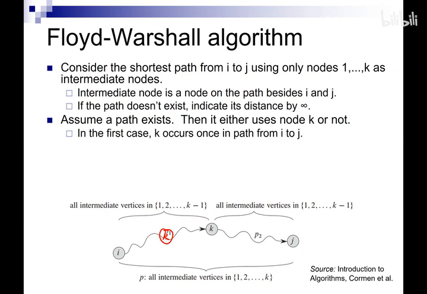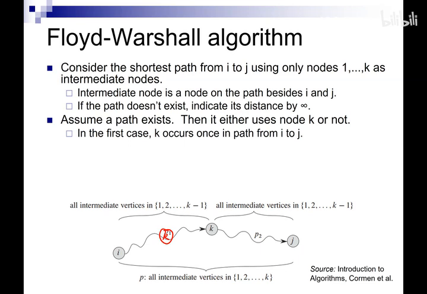The reason is that if you had another copy of K in here, that would mean that you first go from I to K, and then somehow you go from K back to itself. However, we said that there are no negative weight cycles in this graph. In fact, let's assume that all cycles have positive weights.